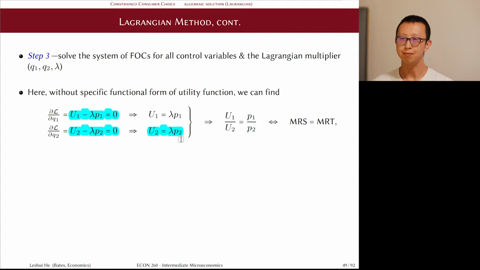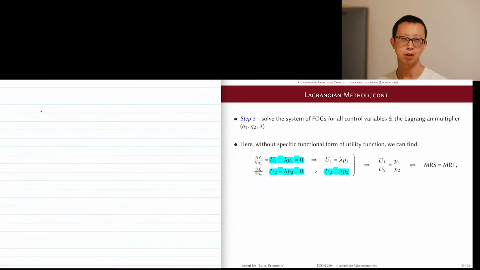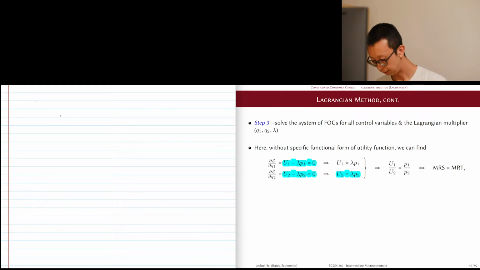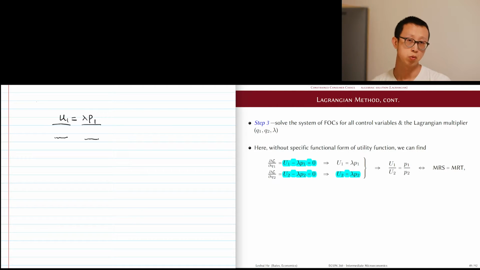So let's call it a box for now. And now let's write down our first order condition here, which is U1 is equal to lambda P1. And because it is an equality, we can divide by exactly the same thing on the left-hand side and the right-hand side. It won't change the balance of the equation.